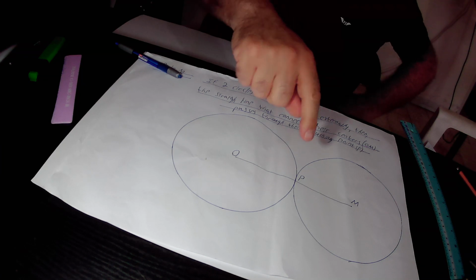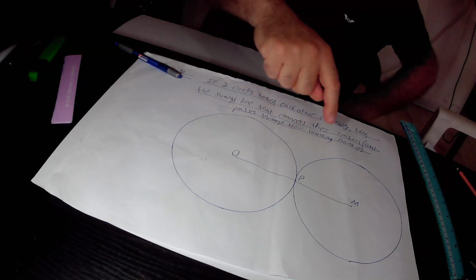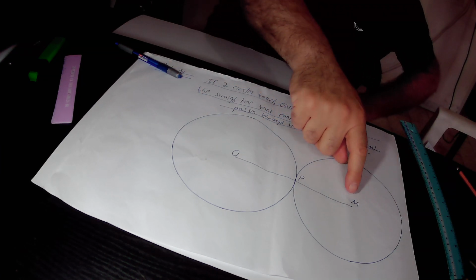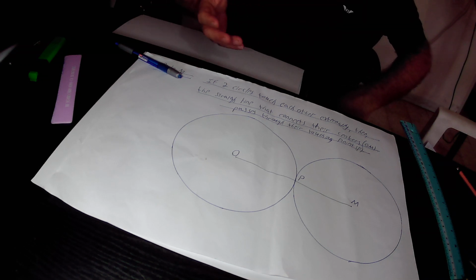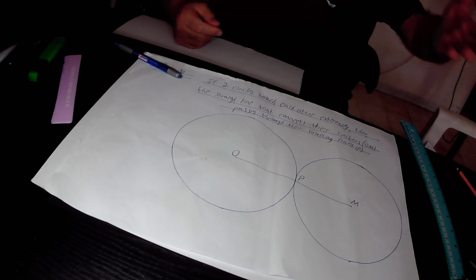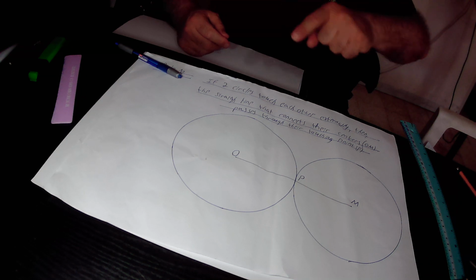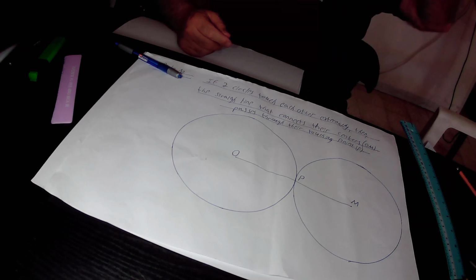The center of this circle is O at point O. The center of this circle is M at point M. And the straight line that connects their centers together is of course the straight line OM. And according to this rule 10, the straight line OM must pass through point P, that is their touching point.